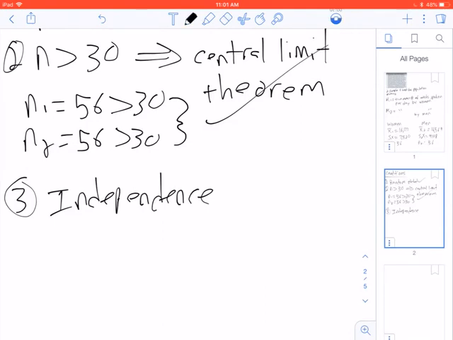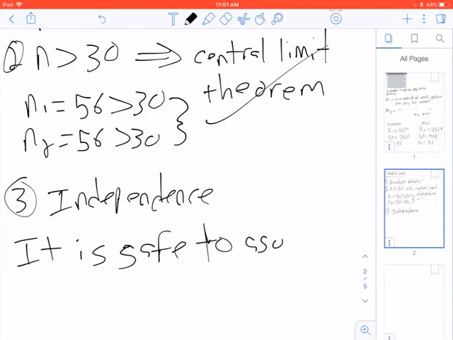So you would say, and you guys know it by now, it is safe to assume that 56 men and 56 women is less than 10% of all the men and all the women at the university. Essentially, we're assuming that the university has more than 560 men and 560 women, because 56 is exactly 10% of 560. As long as that's true, then I have independence and I can check that condition. So good.